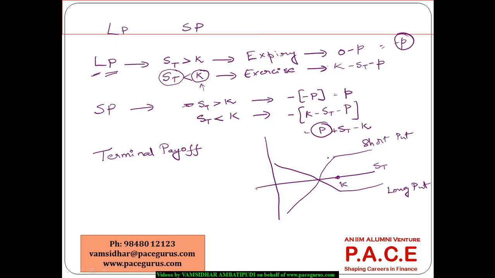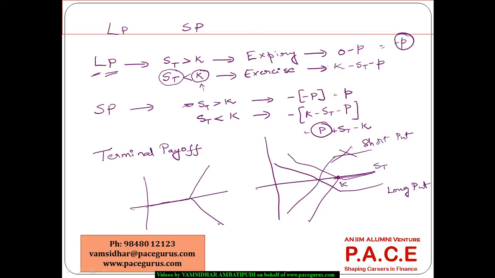And whenever I am talking about the terminal payoffs, I am ignoring the premiums, which means the short put is like this, the long put is like this. Similarly, the long call is like this, the short call is like this.